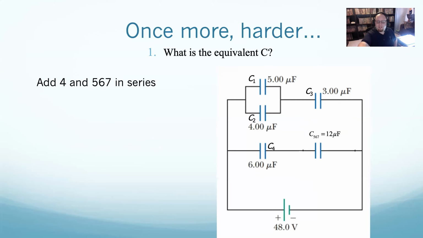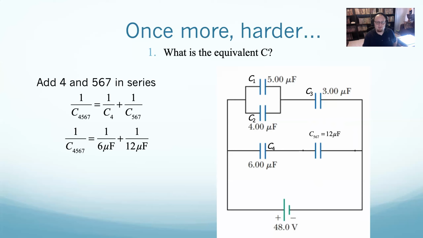Now, what I then did is I said capacitor 4 and capacitor 567 are in series. And so I can add them in series and say 1 over C4567, because I'm just going to keep adding numbers like this, is 1 over C4 plus 1 over C567, which is 1 over 6 microfarads plus 1 over 12 microfarads. 1 over 6 is the same as 2 over 12, so 3 over 12.